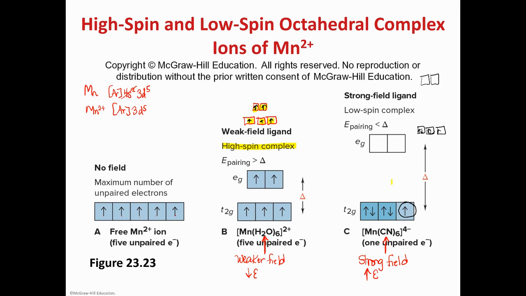When they can't, because the energy gap's so great, that's called a low spin, where they're all starting to pair up down below. So a strong field ligand promotes a low spin complex. A weak field ligand promotes a high spin complex.